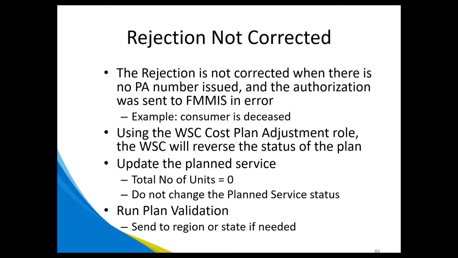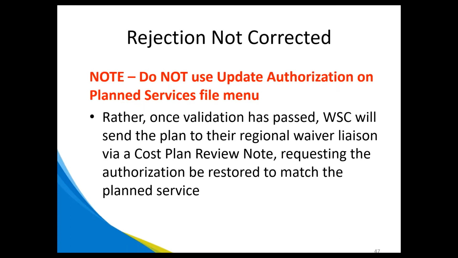You're going to zero out that plan service. You're going to change total number of units to 0, do file, save, and close. Don't change anything else. And then you're going to rerun the plan validation, and based upon your validation report, determine whether or not it needs to go to region or state office for review.